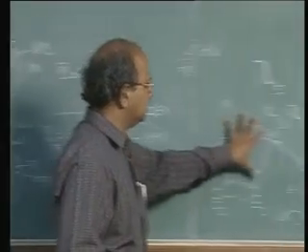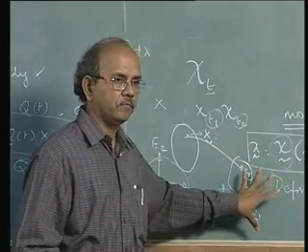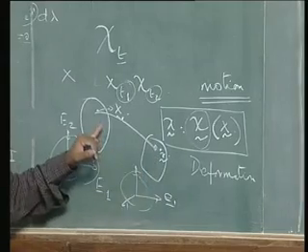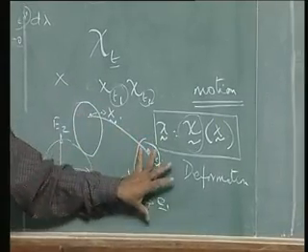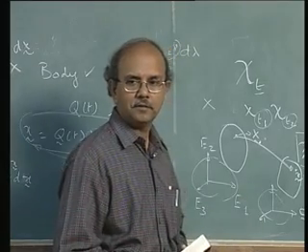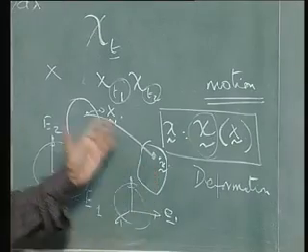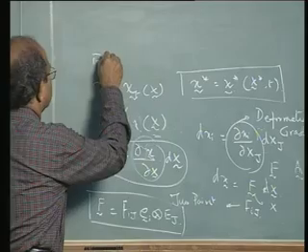So if these two are the positions of the body, then every line element here has a predecessor here, and that is unique. So F has an inverse, which takes me back from d small x to d capital X. So the definition of F inverse is that.